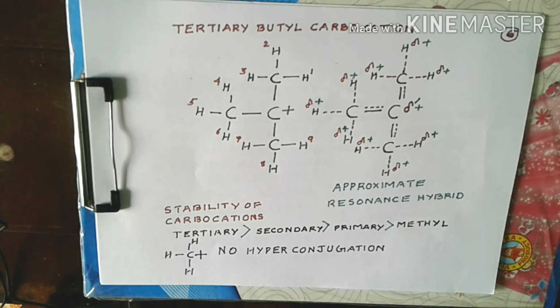And when we come to a tertiary butyl carbocation, there are 9 CH bonds alternate to the positive carbon. So 9 equivalent or similar hyperconjugation canonical structures are possible, and the extent of electron pair movement is highest in the case of a tertiary butyl carbocation.